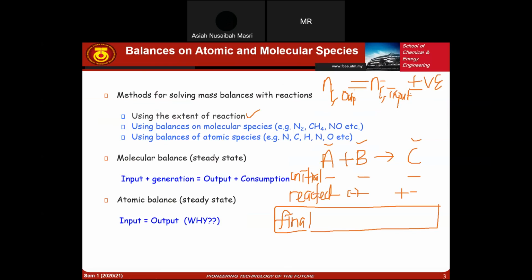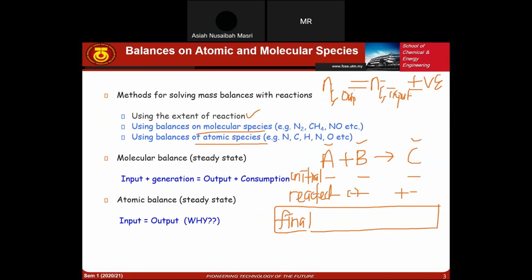So now we're going to learn how to solve mass balance using molecular species and atomic species. By the name itself, balances of atomic species means we're going to count the number of atoms itself. So what is atomic species?